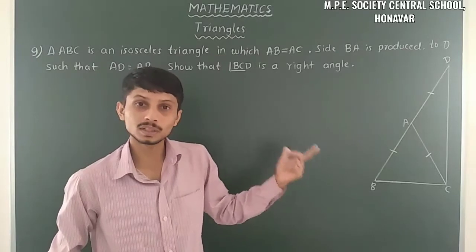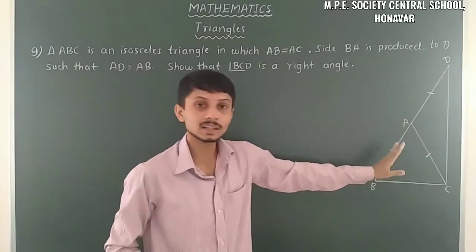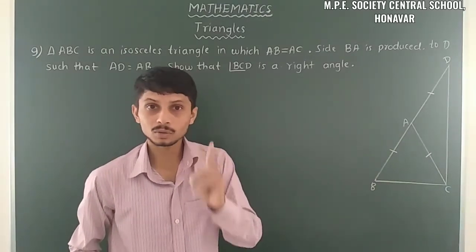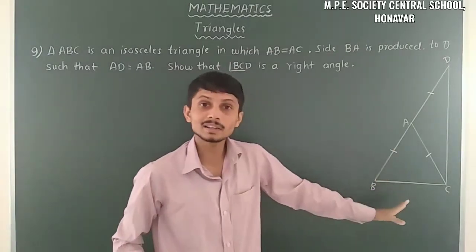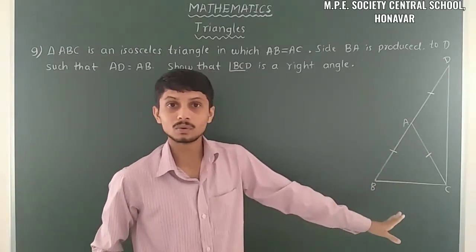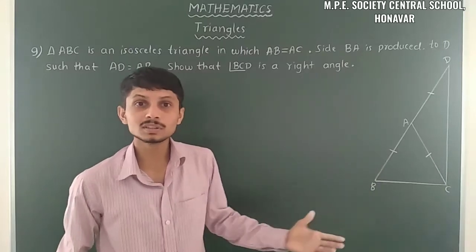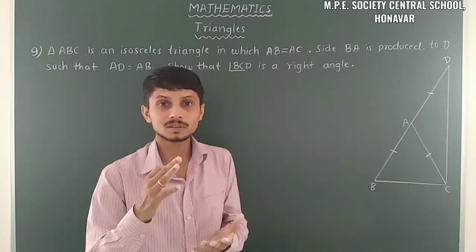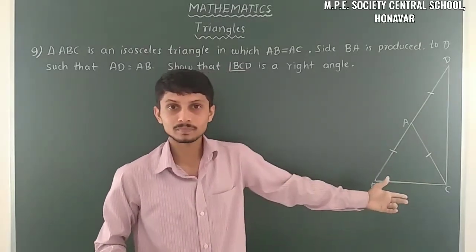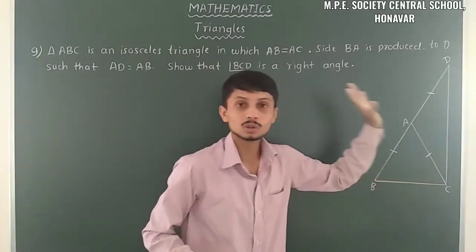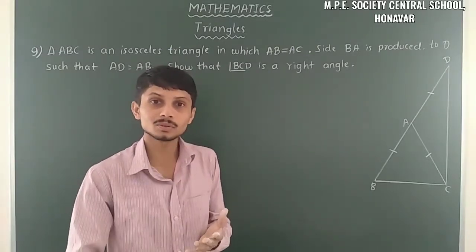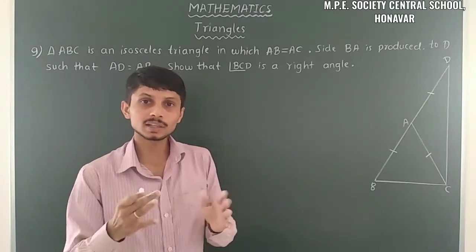One thing we have to remember: the angles opposite to the equal sides of an isosceles triangle are equal, so from that we can use the sum of interior angles of a triangle is 180 degree. We have to insert the equalities. Then we can get those two angles. Then we have to add those two. Then we can get the result. So let us take one by one.